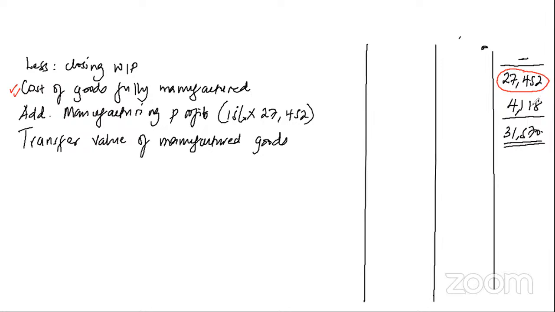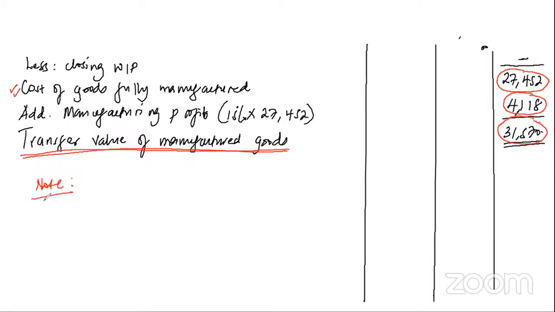So when we get the cost of goods fully manufactured plus the manufacturing profit, we come up with the transfer value of the manufactured goods. So these manufactured goods are to be transferred to your trading account at their transfer value of shillings 31,570.